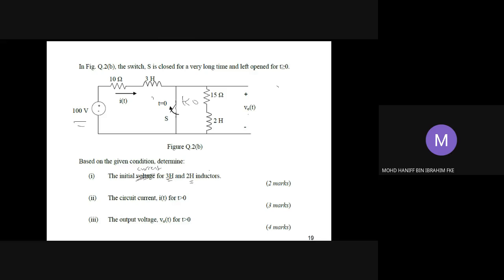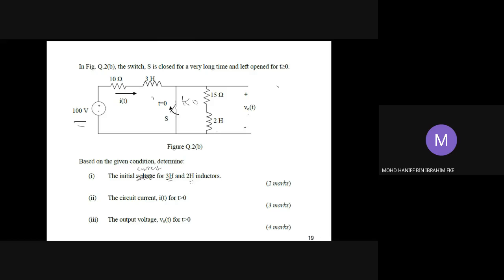Whereas for the capacitor, we are interested in the initial voltage. I think we have learned about this concept before in last week's lecture. So for inductors, it is always related to the initial current, and for capacitors we are going to use the initial voltage value. Okay. So let's have a look.